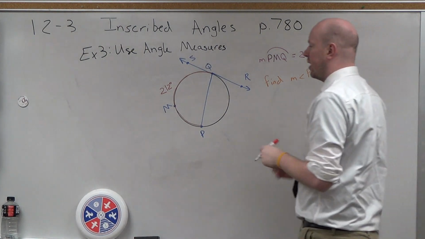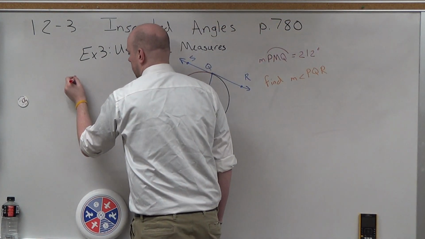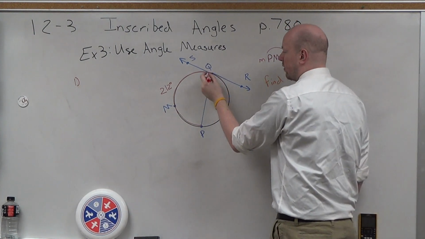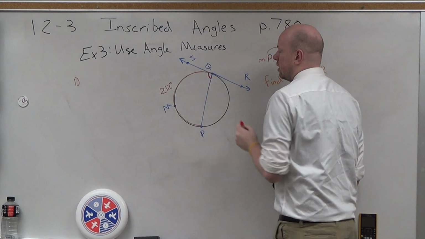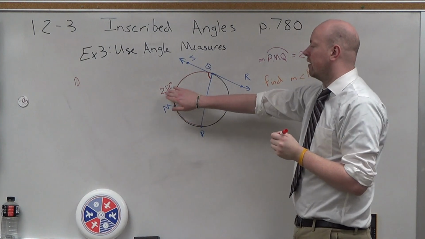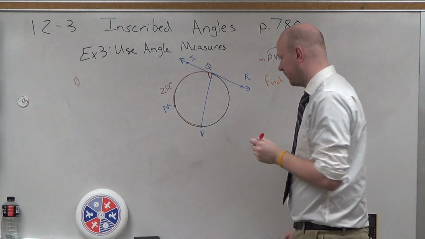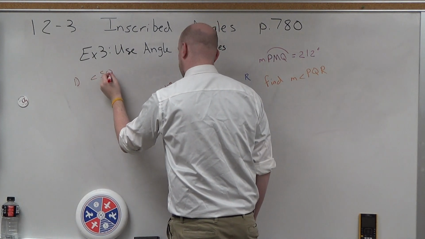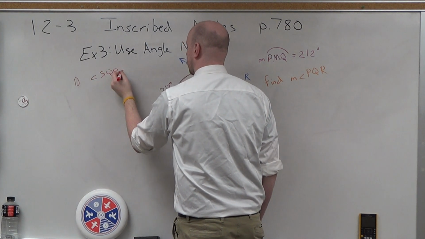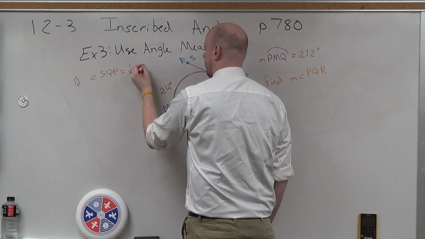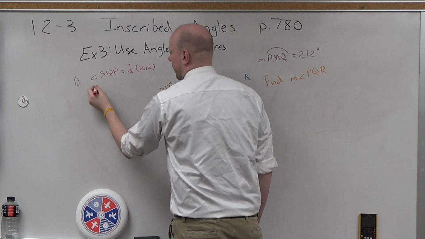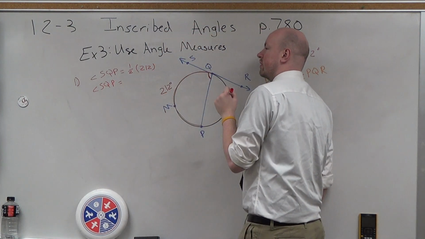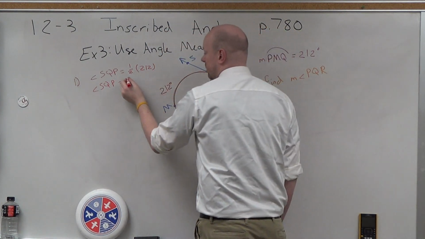So method one would be to say that this angle right here has to be half of that 212. So angle SQP equals 1/2 of that 212, so 106.